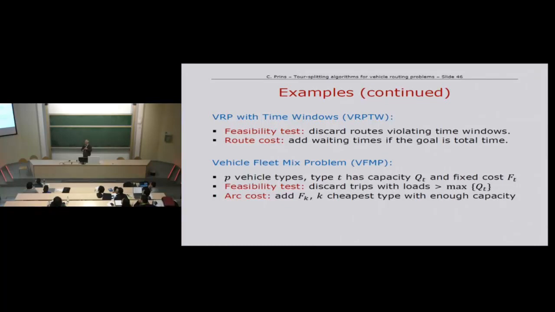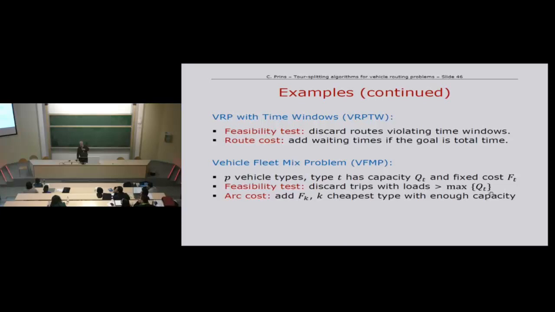Vehicle fleet mix problem. In that case, you have P vehicle types, but the number of vehicles is not limited. It's the problem when you want to build regular trips, and at the same time you want to buy the vehicles. So typically, you have different vehicle types. Each type T has a capacity QT and a fixed cost FT. It can be the purchase cost or rental cost.